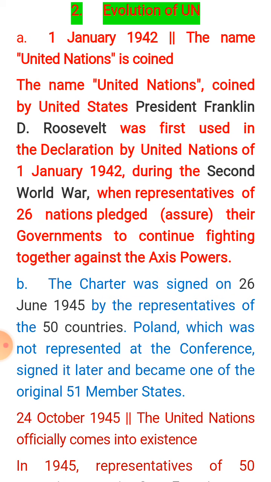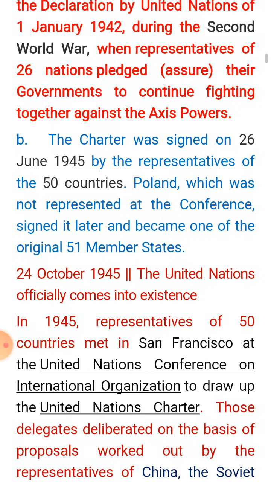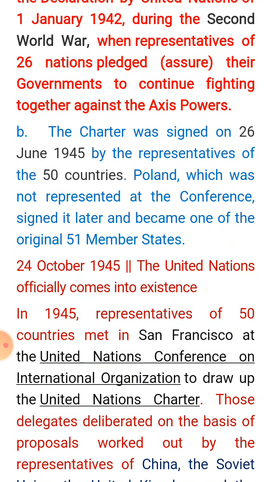During the Second World War, representatives of 26 nations pledged their governments to continue fighting together against the Axis powers. At that time, the United Nations came into existence. The charter was signed on 26 June 1945 by the representatives of 50 countries.